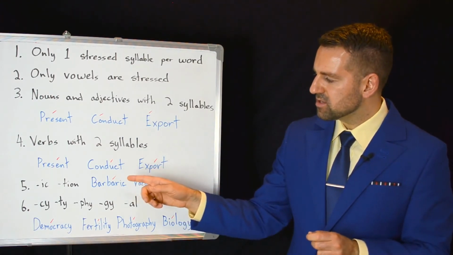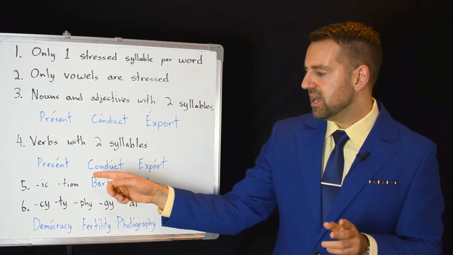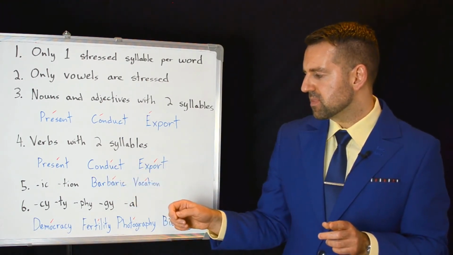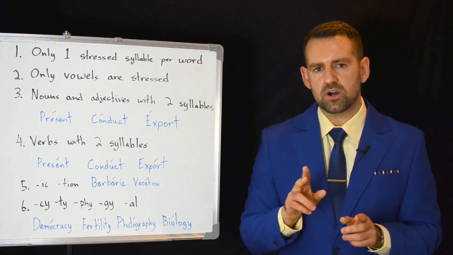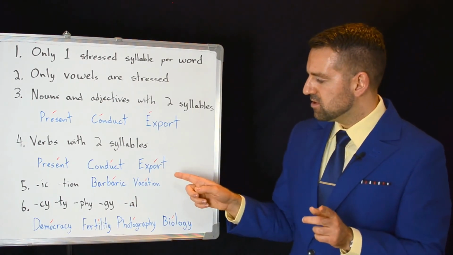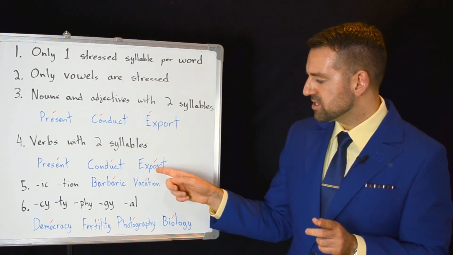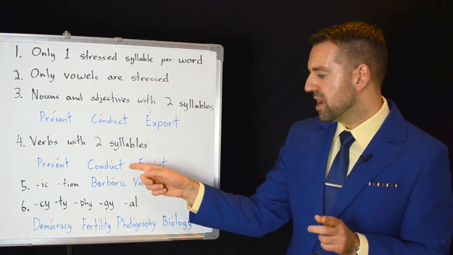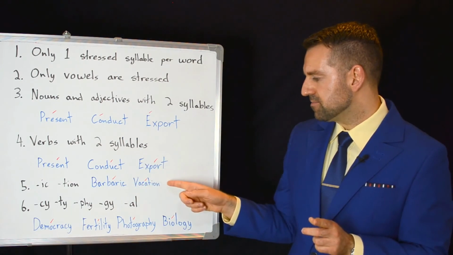Okay, the 5th tip is when a word ends in ic or tion, then the stress is on the second from the last syllable. So not the last, but the second from the last. Barbaric, vacation.